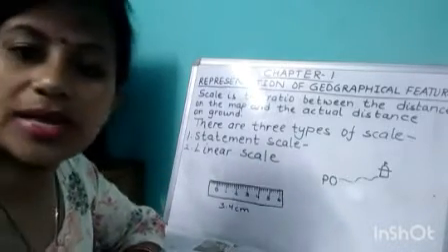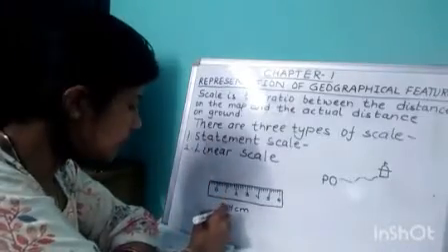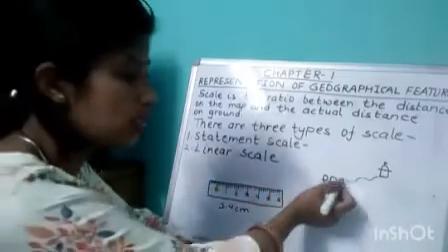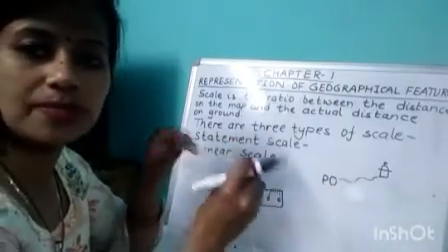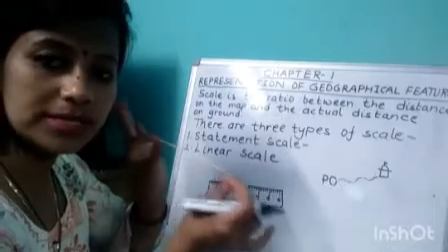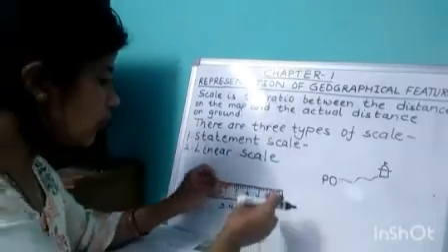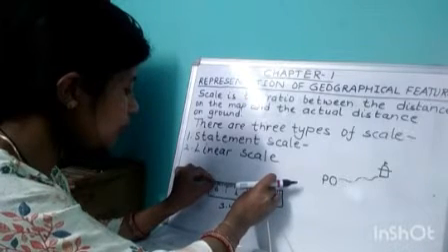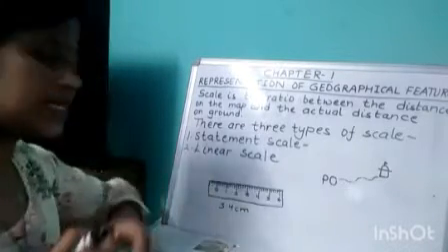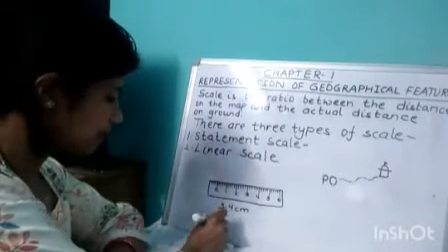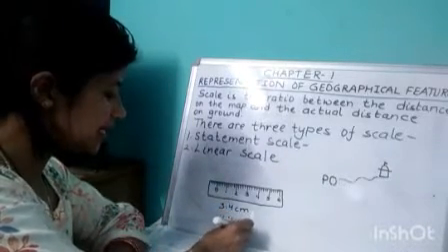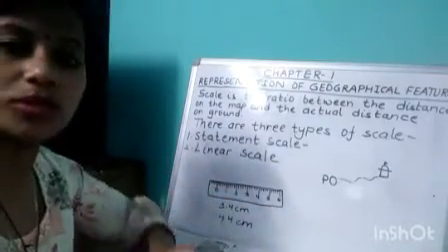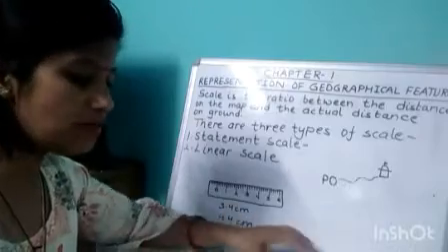Now the distance, if we use the thread method and the road is uneven, is 4.4 centimeter. It means there is variation in both the measurements.